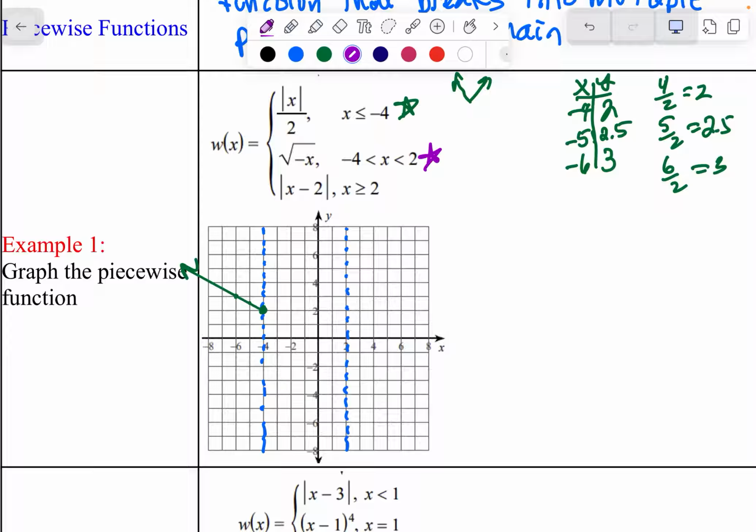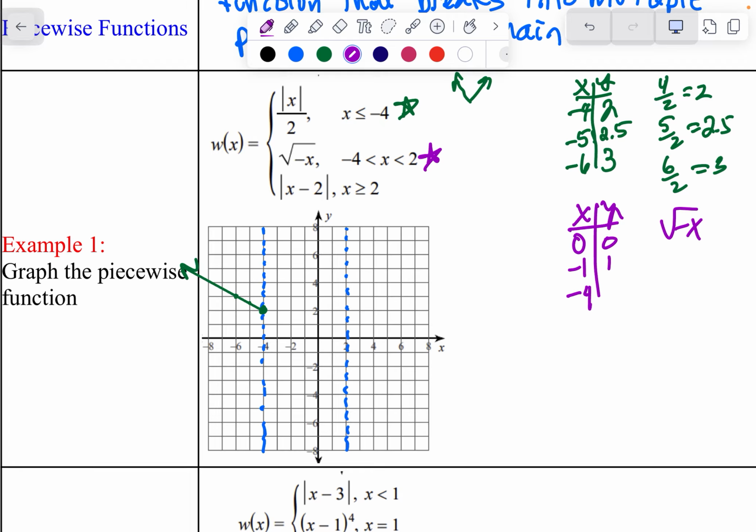So let's draw that. What would I plug in there? Well, I'd plug in 0. I would plug in -1, and I would plug in -4 because that's a border value anyway. So if I plug into this, the opposite of 0 is 0. The square root of that is 0. The opposite of -1 is 1. The square root of that is 1. The opposite of -4 is 4.